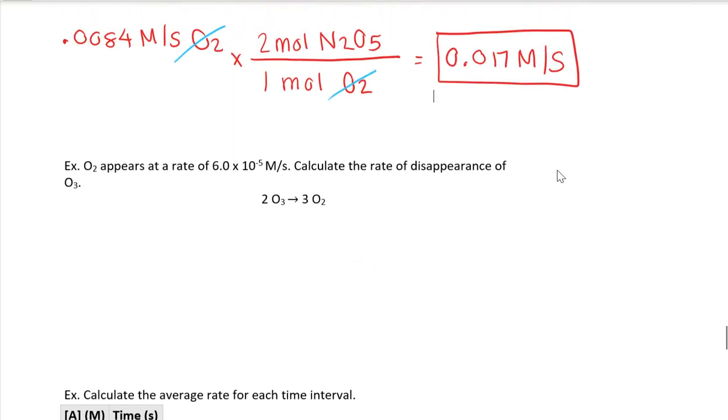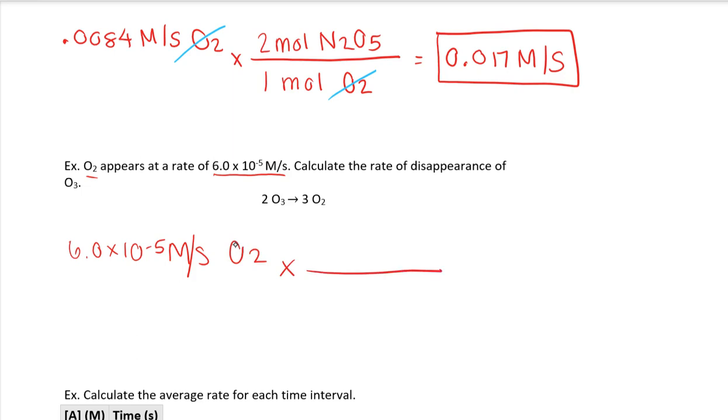Next problem, we're going to do it the exact same way. So again, we always start with our given, 6.0 times 10 to the negative fifth molar per second, and that's of oxygen.